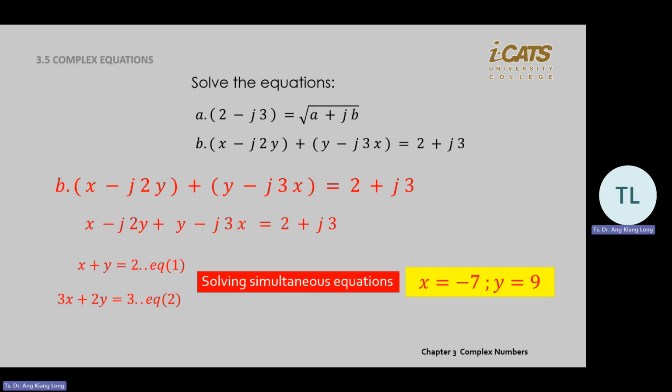Yes, correct. J2y and minus 3x equal to 3, something like this. So you put the imaginary part together. So you have two equations. This goes back to your chapter 1 skill, solving simultaneous equations.